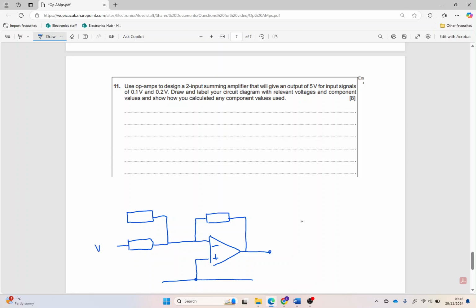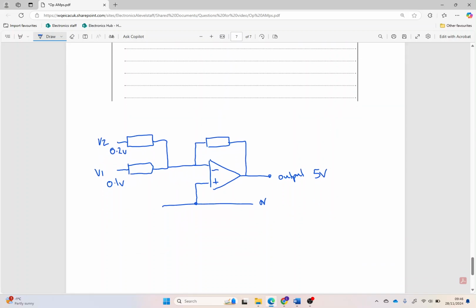Okay, and then we're going to have V1, V2, and there is our output, and there is our input. Now what it's actually saying is, if we take V1 as 0.1 of a volt and V2 as 0.2 of a volt, we want to have 5 volts as our output. Okay, so how do we tackle that?